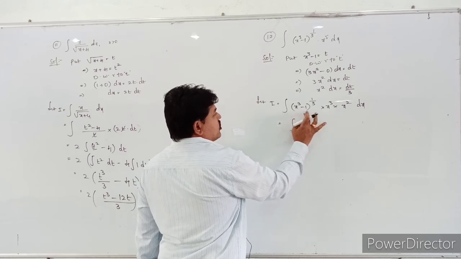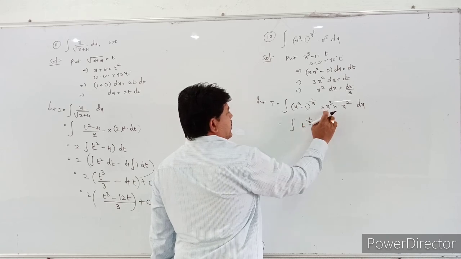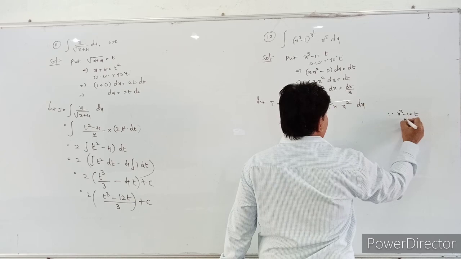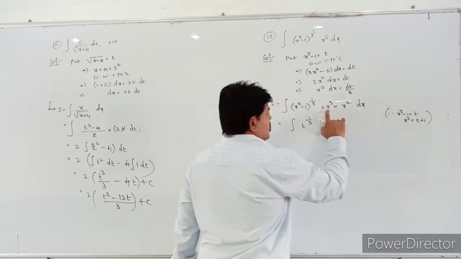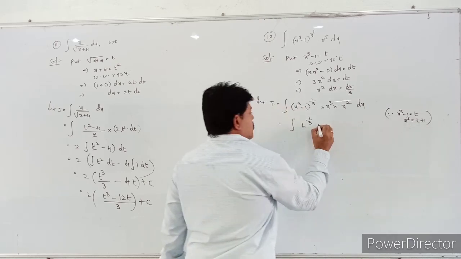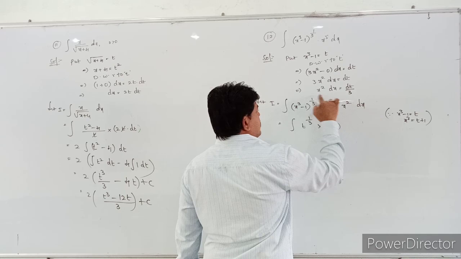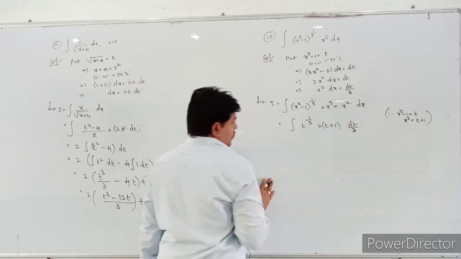Because x cube minus 1 is equal to t, so x cube is equal to t plus 1. In the place of x cube you can write t plus 1, into x square into dx, and x square into dx value is dt by 3.